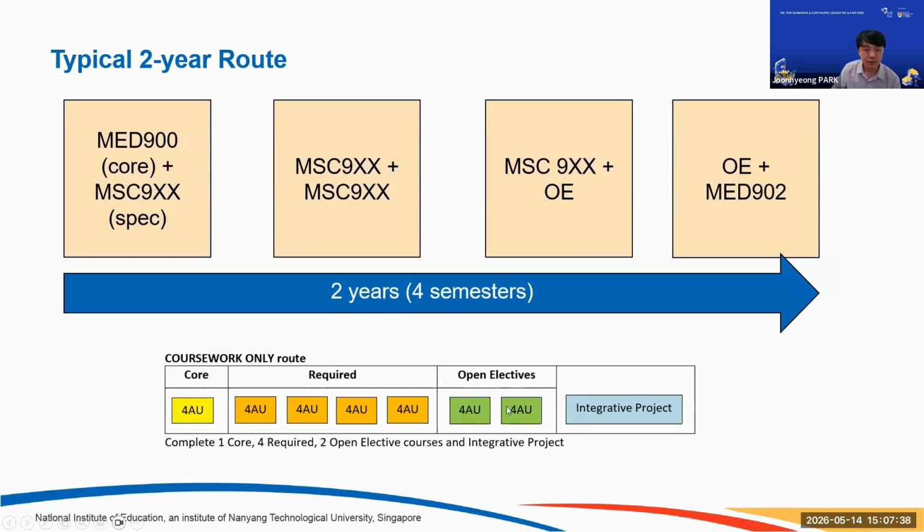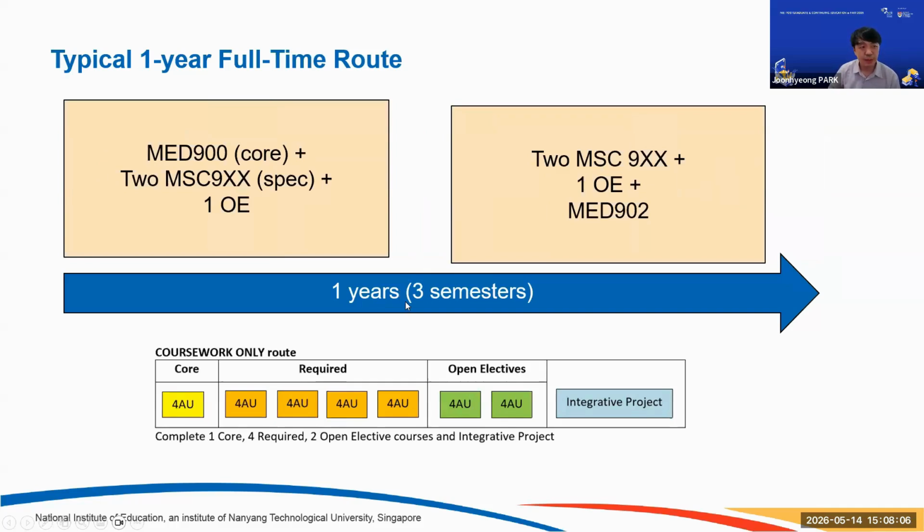In the last semester, you can complete another open elective course and the integrated project. During the integrative project, you can develop a research proposal to summarize your study, so you can utilize your learning throughout your study in this program so far.